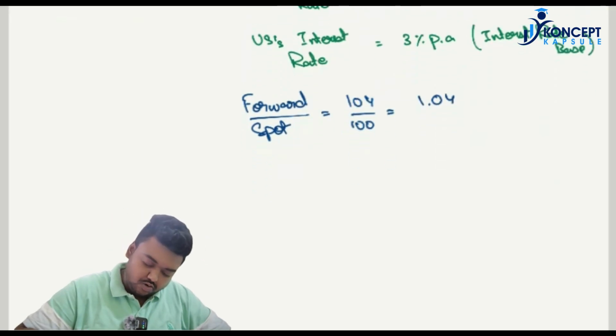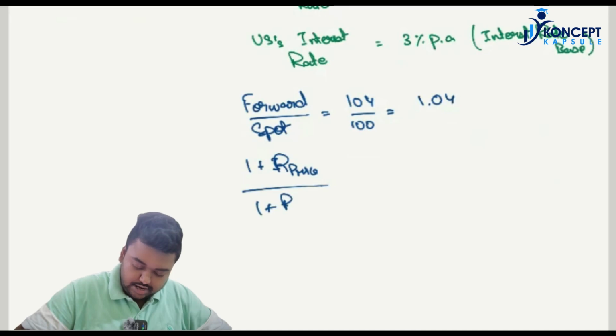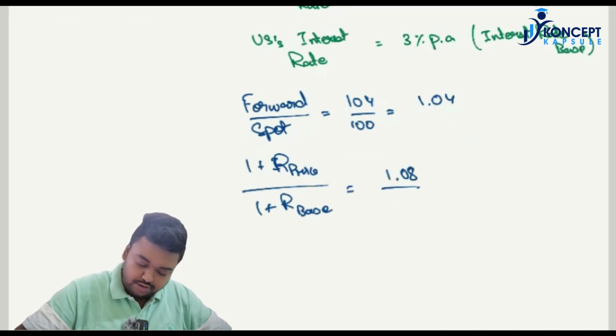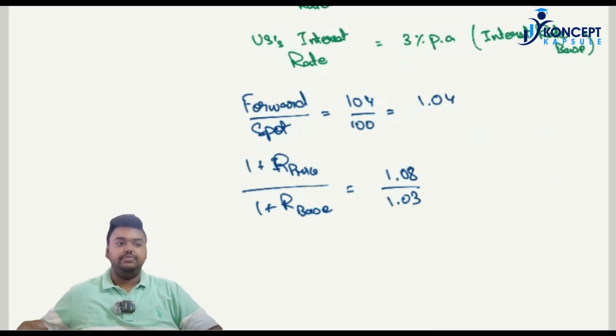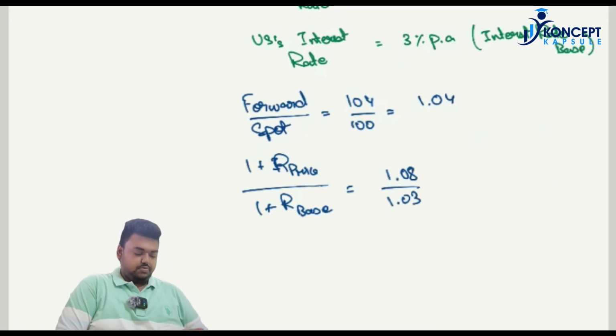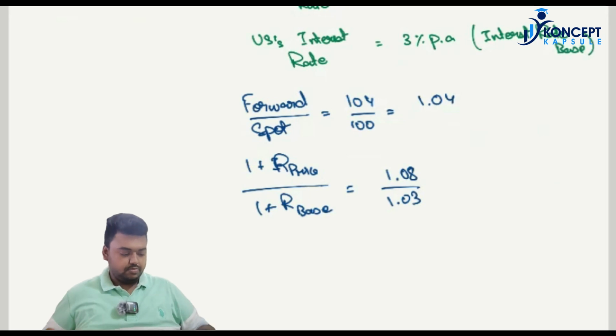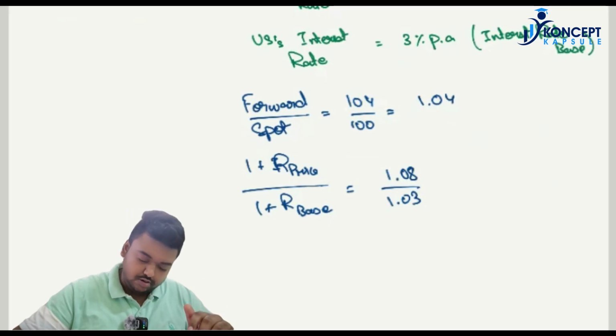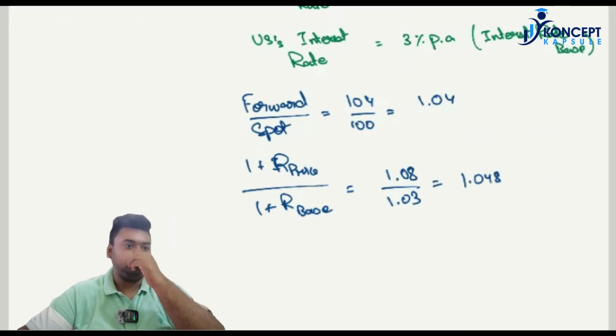On the other hand, 1 plus interest rate of price by 1 plus rate of base is equal to 1.08 by 1.03, which is 1.048.